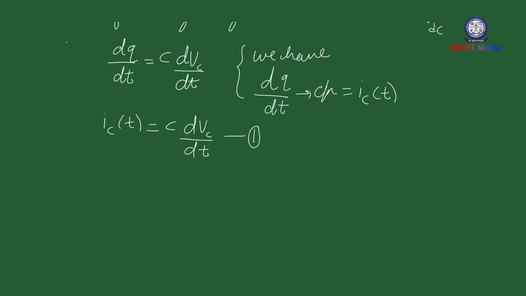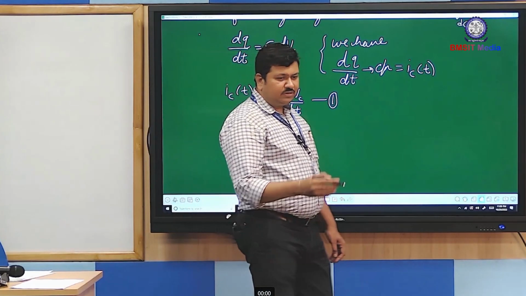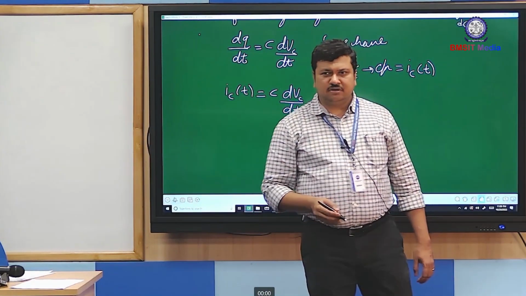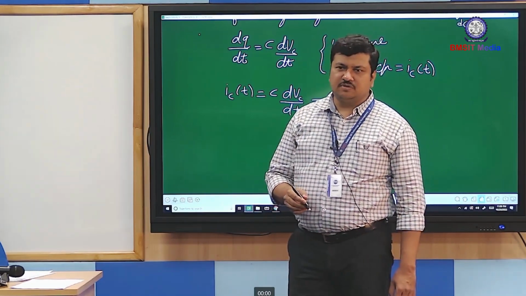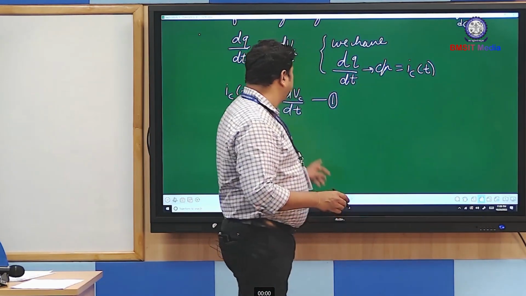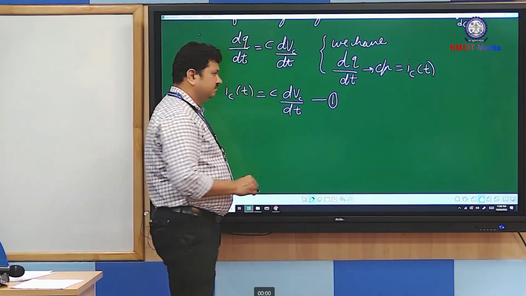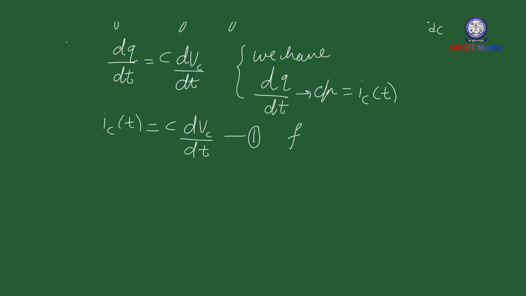Now, if the voltage applied is a steady voltage, or a direct voltage, a DC voltage, then my dVc by dt becomes 0. For steady voltage Vc, dVc by dt is equal to 0.